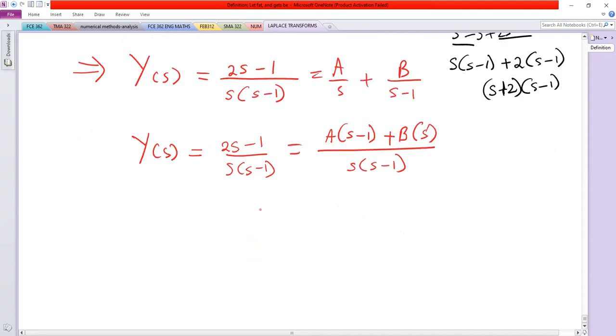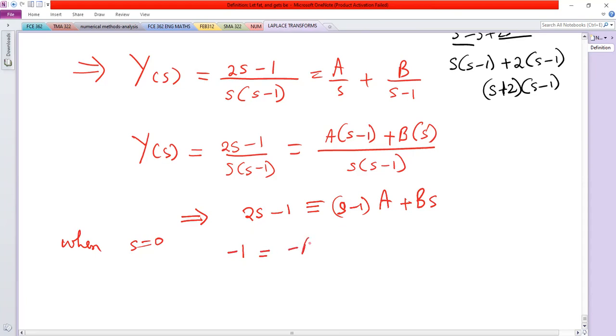So 2s minus 1 should be equivalent to s minus 1 times a plus bs. Now when s is 0, we have minus 1 equals minus a, which means a is 1.